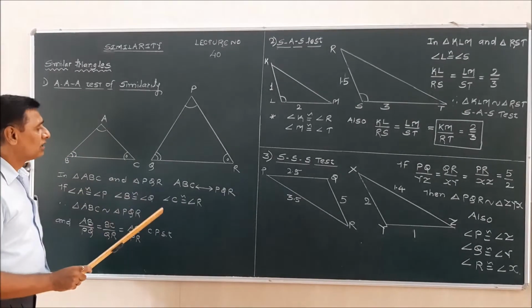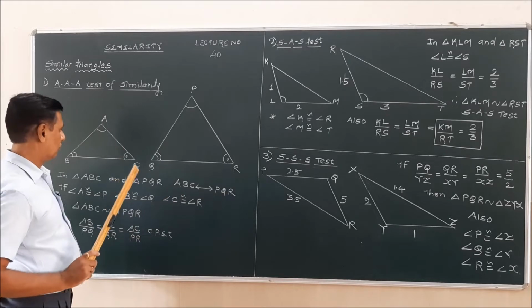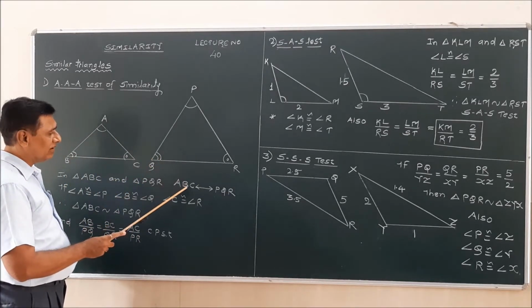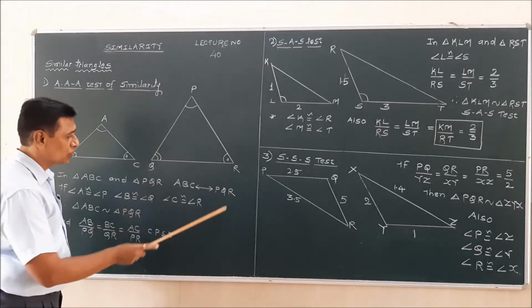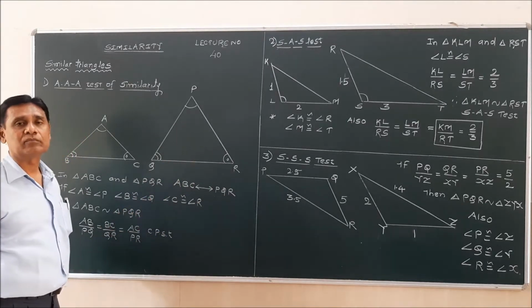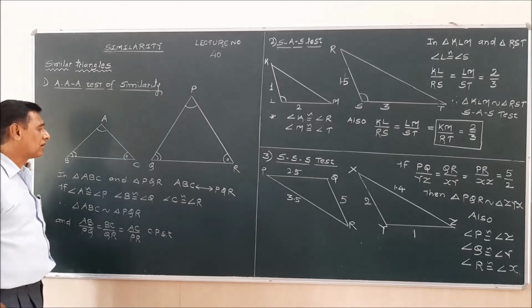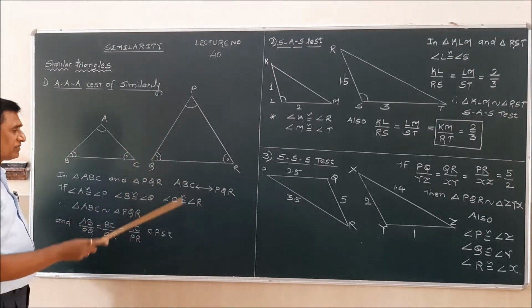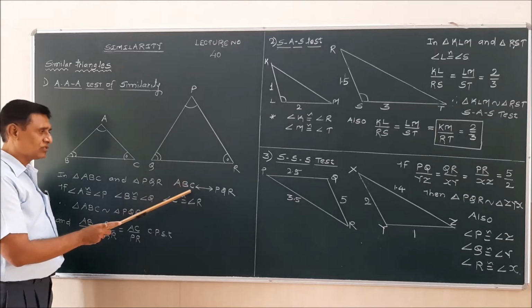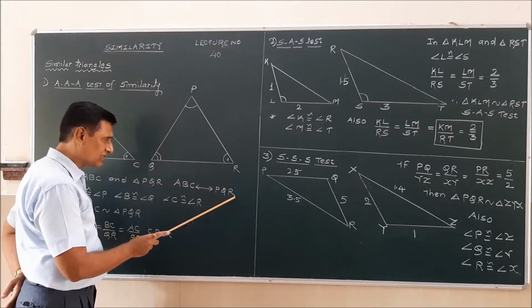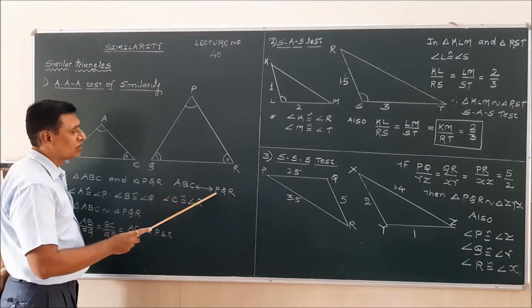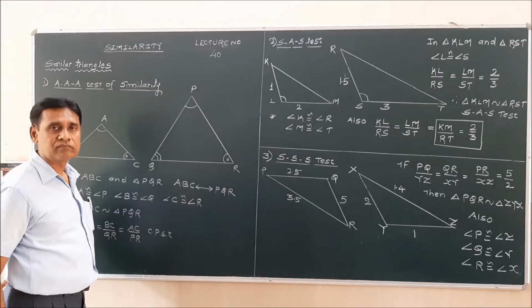Likewise, B is congruent with Q. B stands at second position, so Q must stand at second position. In the same manner, C is congruent with R. C is standing at third position, so R must stand at third position, and this is how it is called one-to-one correspondence.